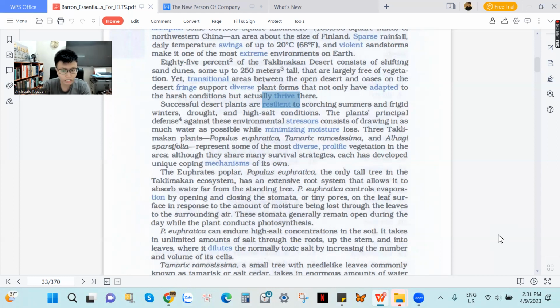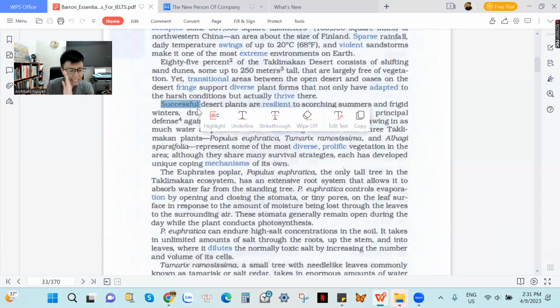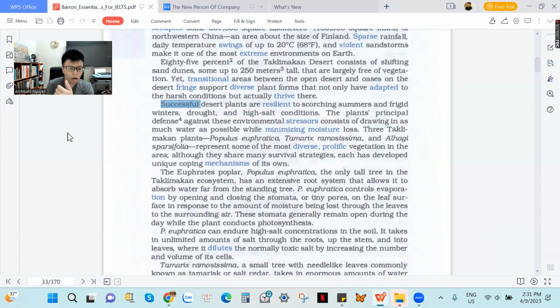Here, successful desert plants. Well, we use the word successful for people, but we can hardly ever see the word successful used for animals, used for plants. In fact, the word successful is used for everything in your life. You can say, oh, this is such a successful laptop. It means, oh my gosh, this laptop is broken, but I can still use the laptop for real.